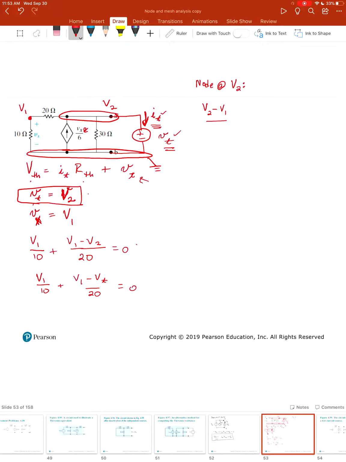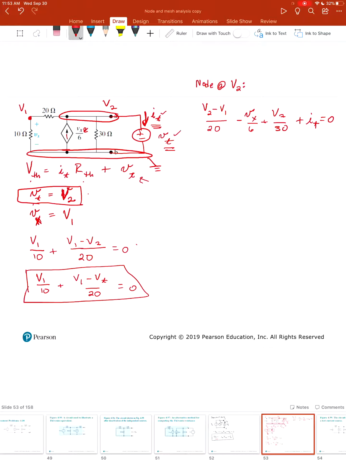So now it's time for me to write that node equation I was going to write earlier. V1 minus V2 over 20, minus Vx over 6, so that's entering the node, plus V2 over 30. And then I have I test leaving the node. I'll just put that in as a current.